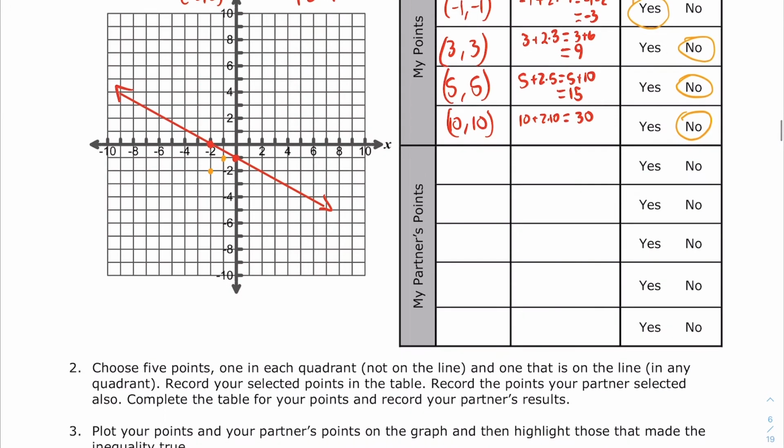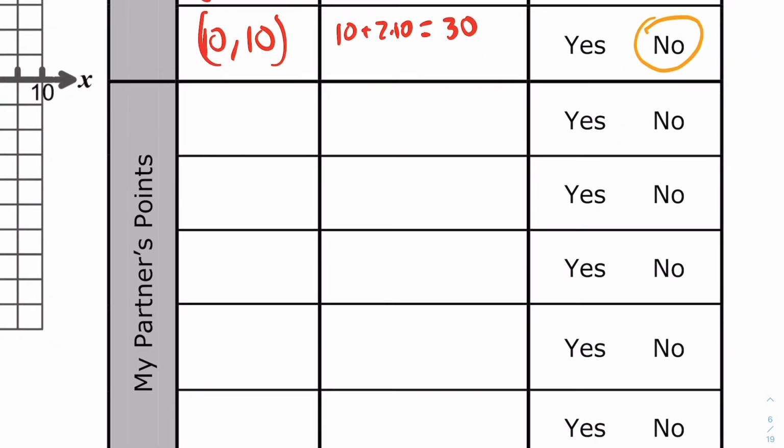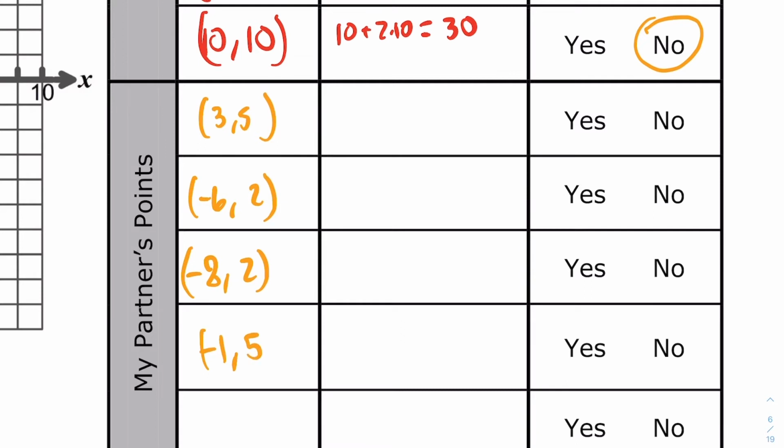I'm going to now give you 5 points for you to plug in and do exactly what I did, but you're going to do them instead of me doing all the math. Okay, so you try 3, 5, just any random points, negative 6, 2; negative 8, 2; negative 1, 5; 0, 0.